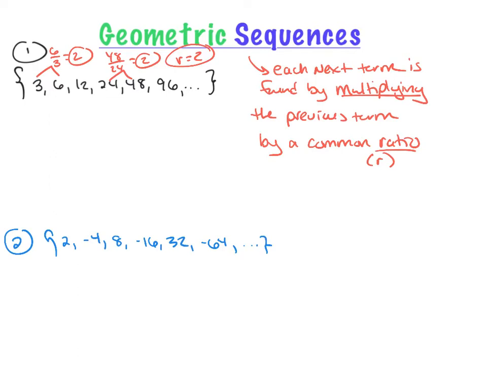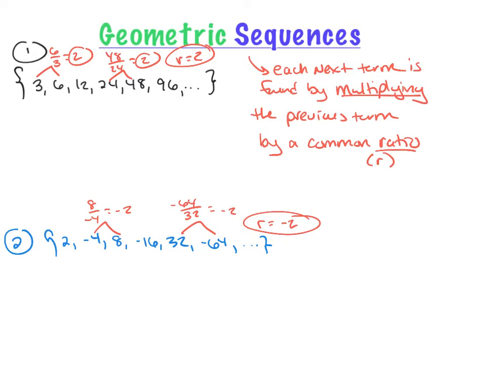And in this one, the same number has to be continually multiplied by each next term. So if you did 8 divided by the term that came before it, you get -2, and if you take two other terms, -64 divided by 32, you also get -2. So your common ratio in this geometric sequence is -2.